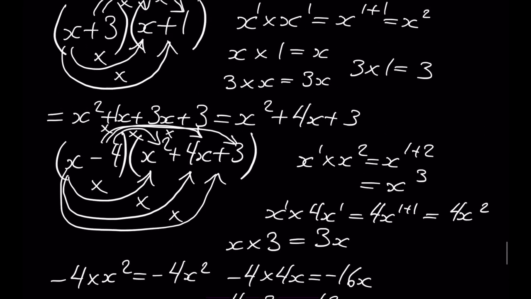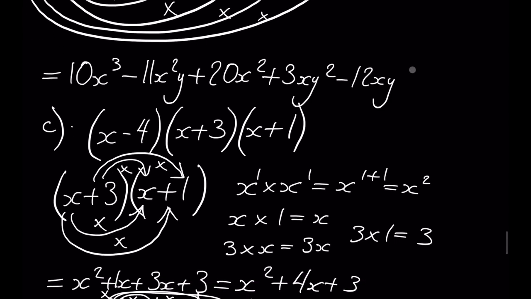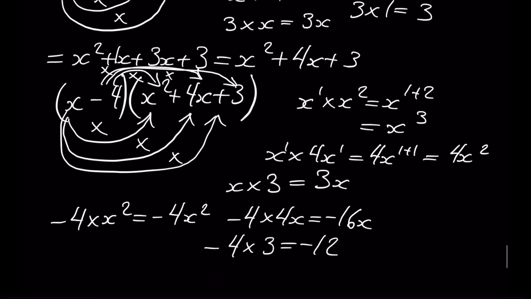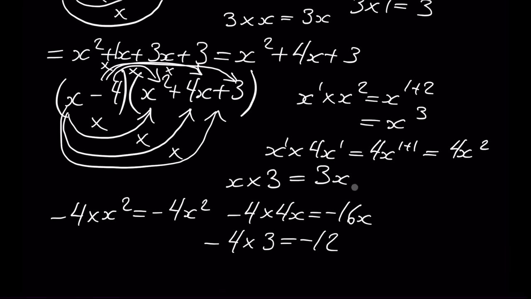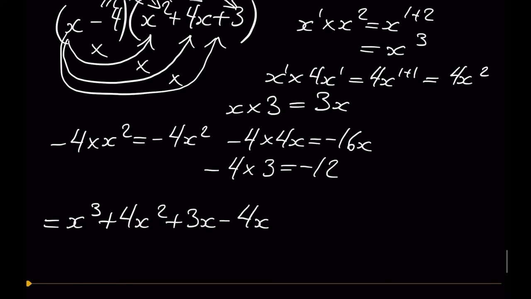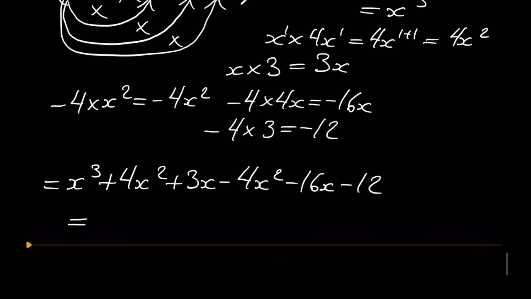Now, the final answer to this expression will be obtained by adding all the products we got here. So the final answer will be x cubed plus 4x squared plus 3x minus 4x squared minus 16x minus 12. This simplifies further.